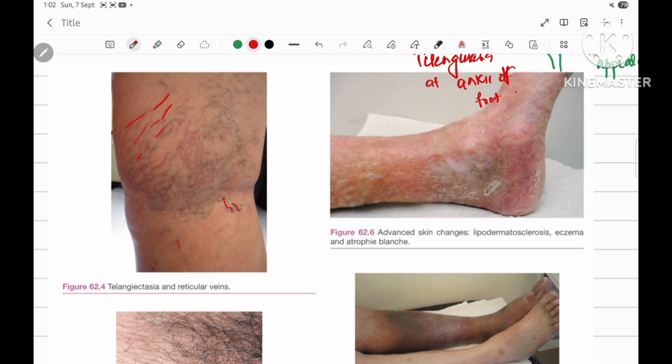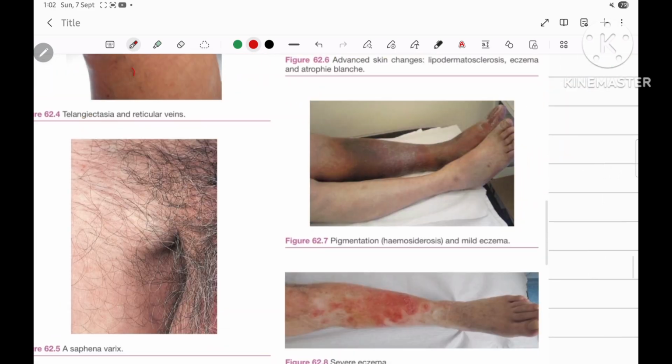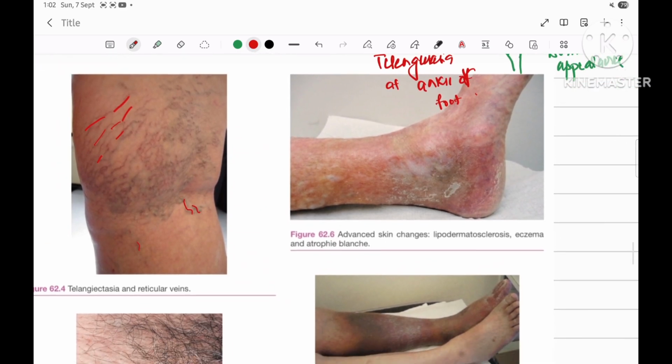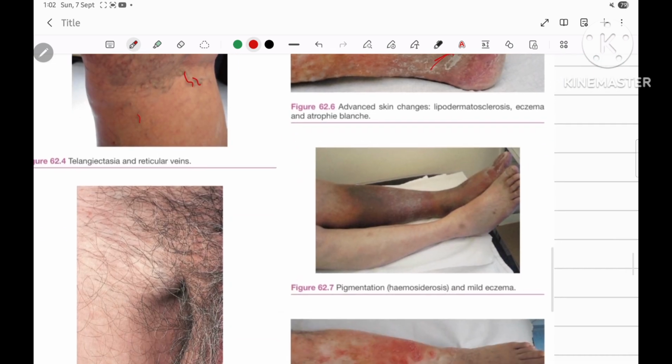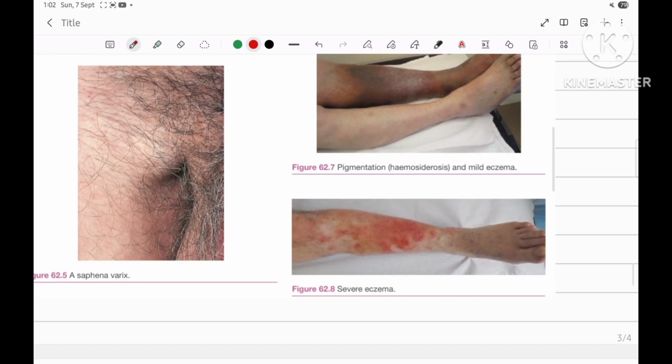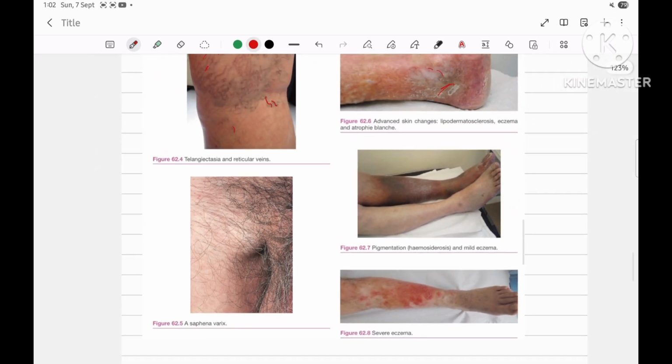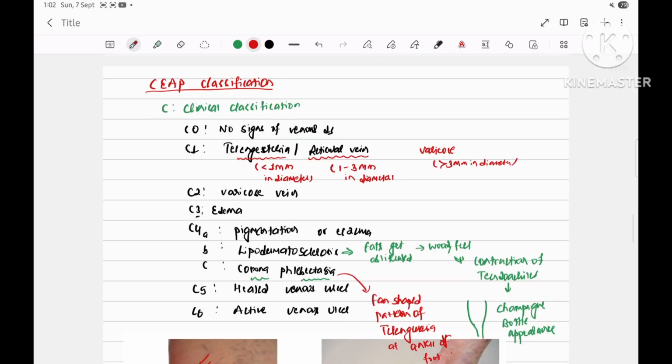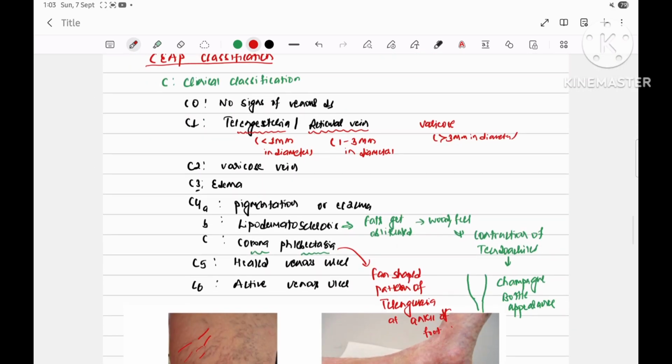So these are reticular veins, and here we can see that there is scarring, and it looks like there is deposition of fat, and there is sclerosis, so it is lipodermatosclerosis. And here we can see the pigmentation, which is due to hemosiderin deposition, and there is mild eczema. Okay, this is severe eczema. So by looking at this, we can just remember the clinical classification.